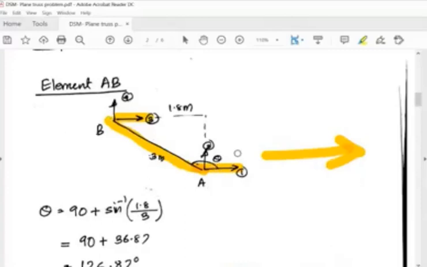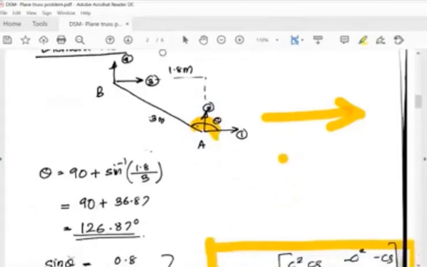This is theta. You can use trigonometry to find the value of theta. The total theta will be 90 plus this included angle, and the included angle you can find as tan inverse of 1.8 by 3.